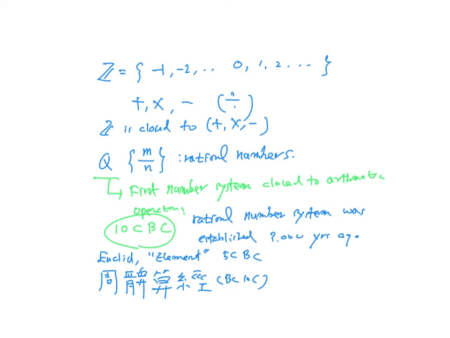And then they discovered integers. And then suddenly, about 3,000 years ago, we established rational numbers. Because of taxation. Tax.